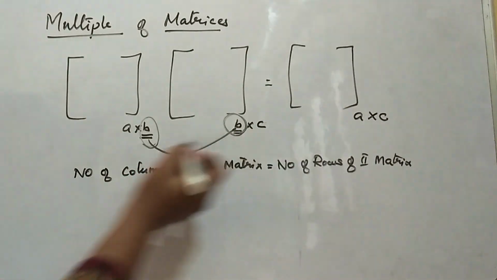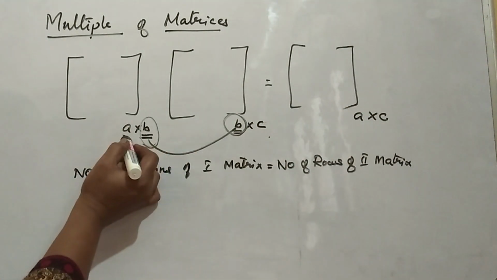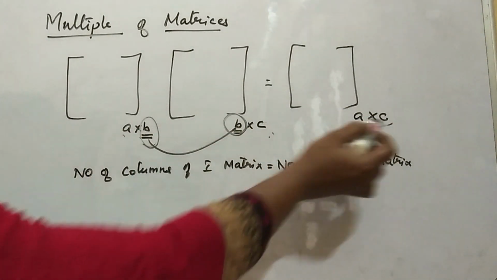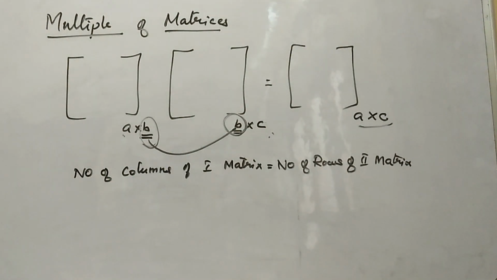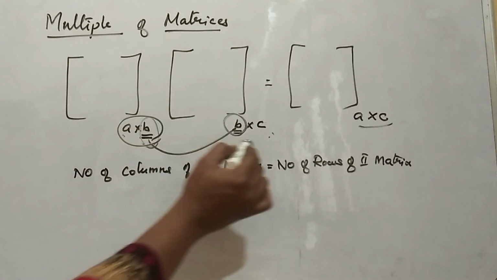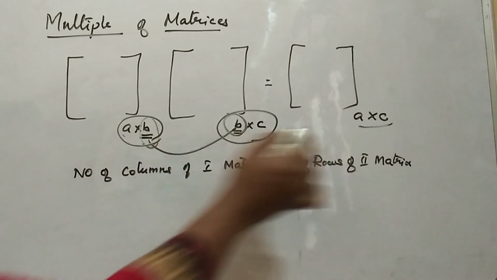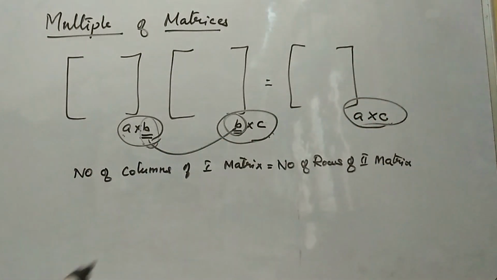The answer order will be the remaining: A and C are left, no? That will be the order for the answer. Because it is very important, they will ask you to find the order of the matrix and also the matrix. So if you know this basic rule, then we can get the order of the matrix as well as the matrix. Clear?